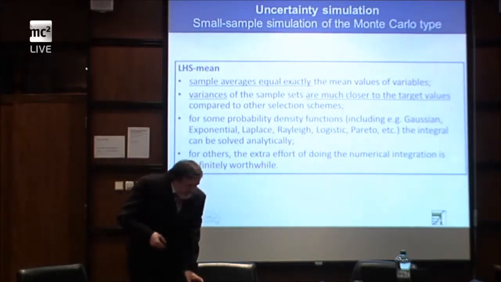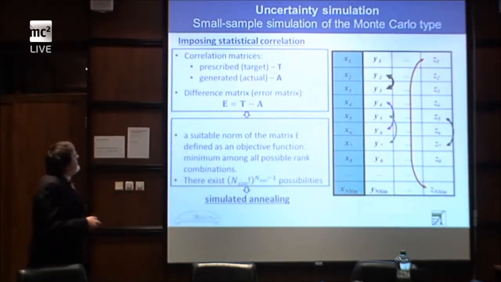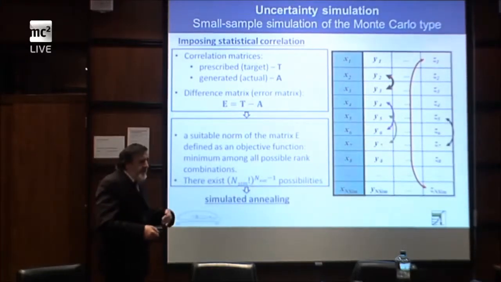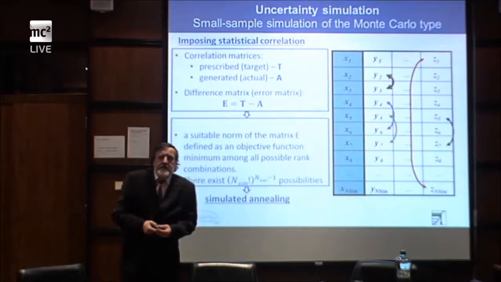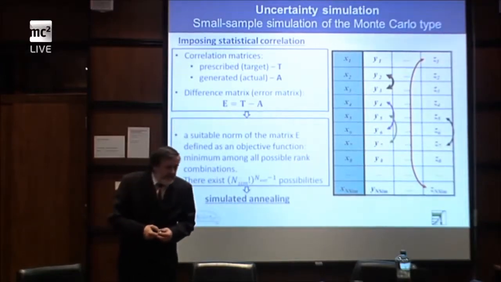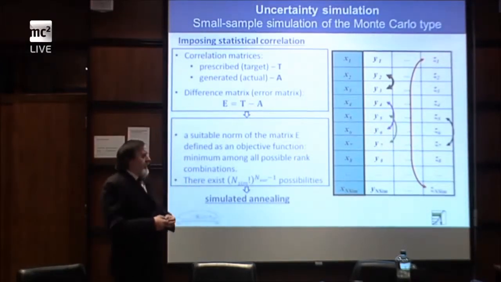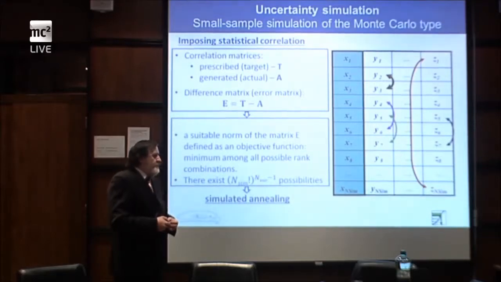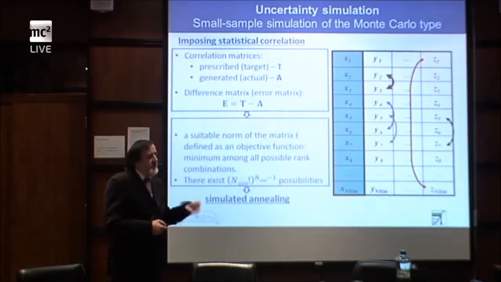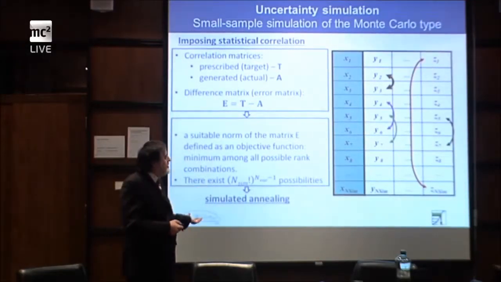It's worthwhile. Well, concerning statistical correlation, you know that in stochastic engineering mechanics, we have to produce statistical correlation. We have to impose, for example, that between fracture energy, tensile strength, and compressive strength, there is statistical correlation, which is expressed by some correlation matrix, right?